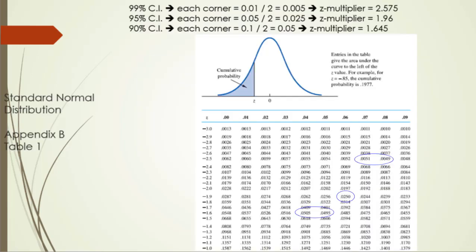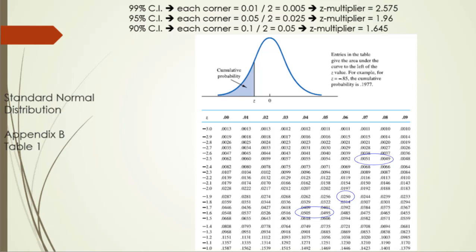To find a z-multiplier for 99% confidence level, I could also find a z-score with a corresponding upper-tailed area of 0.5% using the z-table. Since there are two z-scores with corresponding upper-tailed probabilities that are equally far away from 0.5%, I would use the average of these two z-scores, and that's going to give me 2.575.